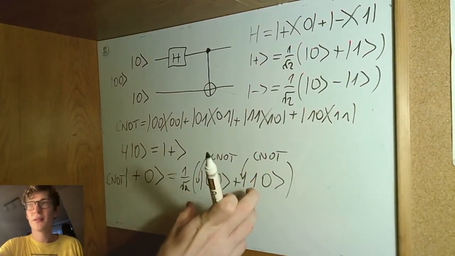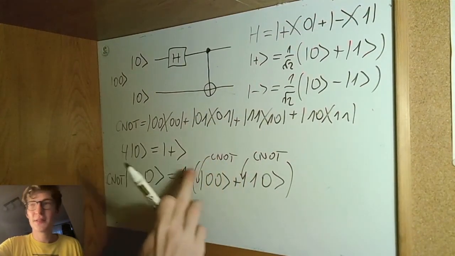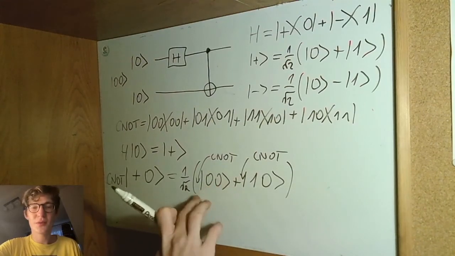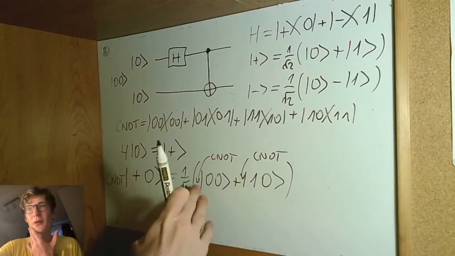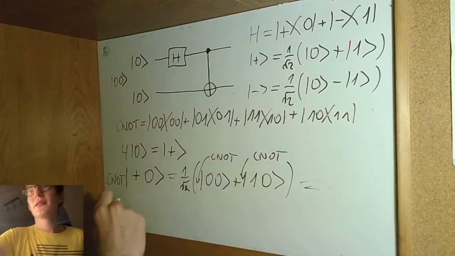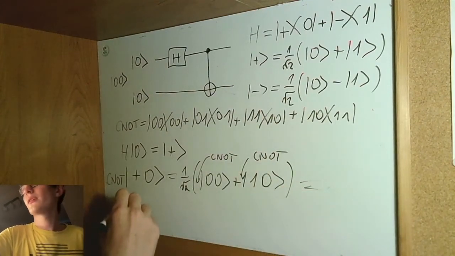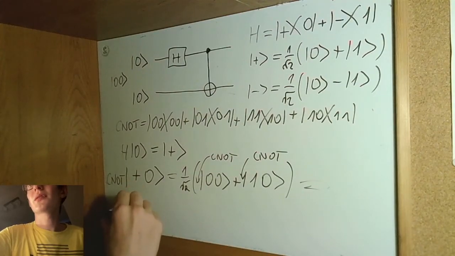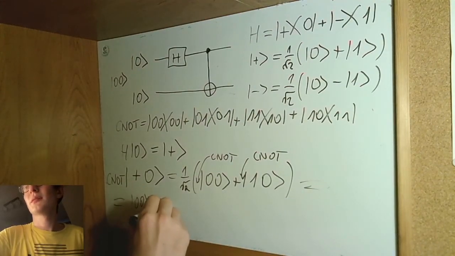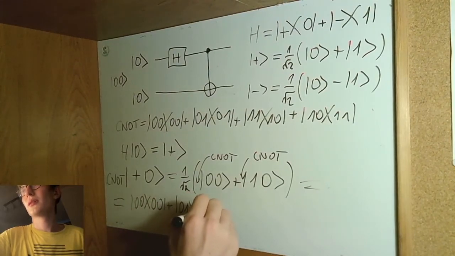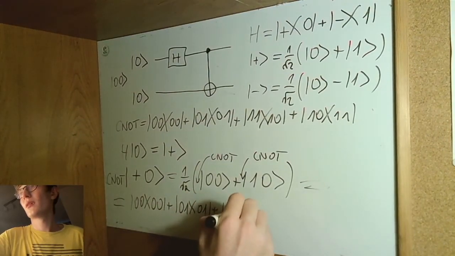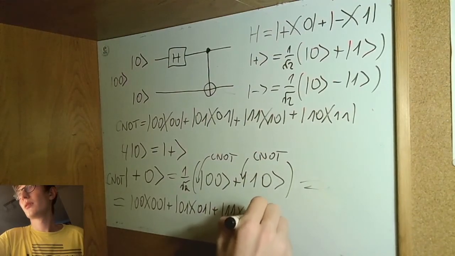We can split it into each part of this sum. Now we can write this whole formula, but it will be non-zero in only one part.